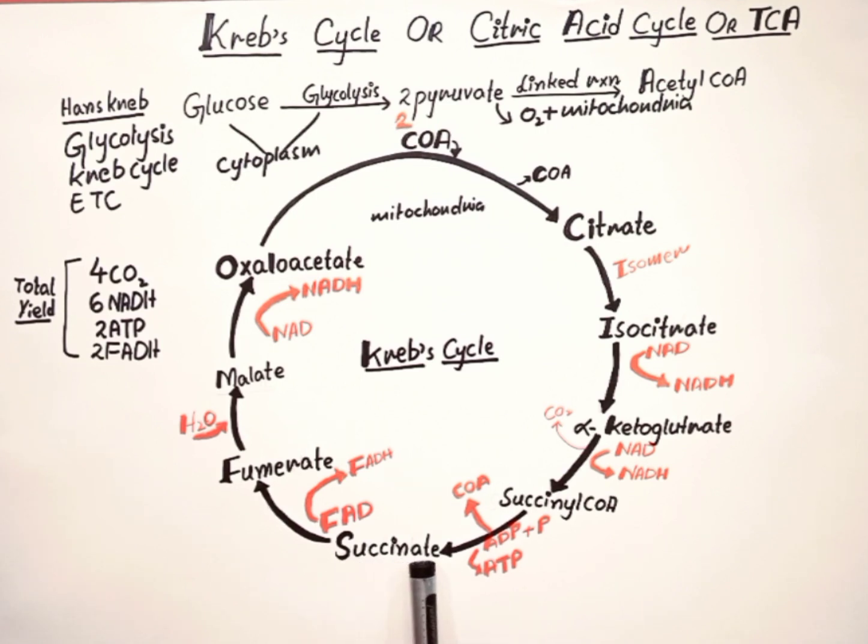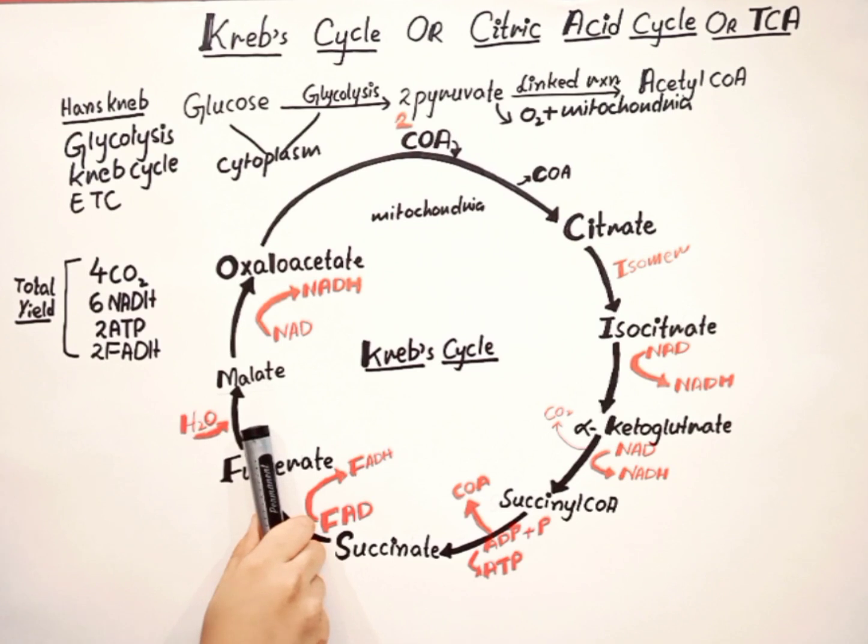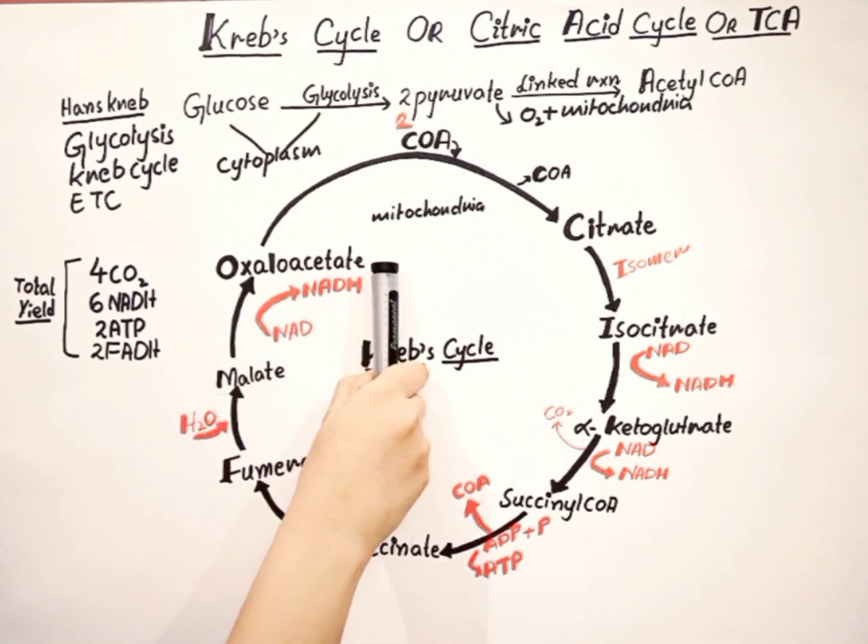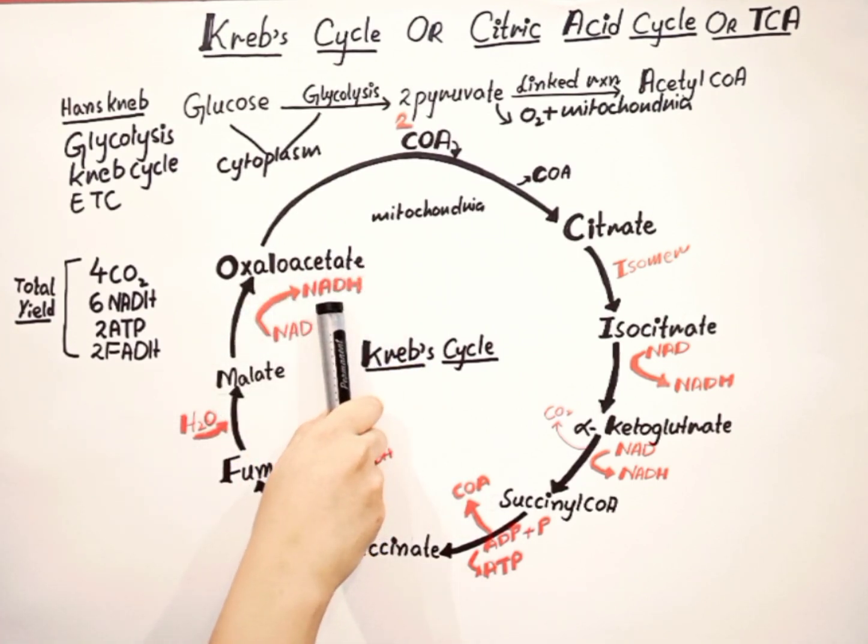Now this succinate will further convert into fumarate, with the formation of an FADH molecule. After the formation of fumarate, a water molecule will combine with the fumarate and a new product will form, called malate. And again there is oxaloacetate formation with the production of NADH.